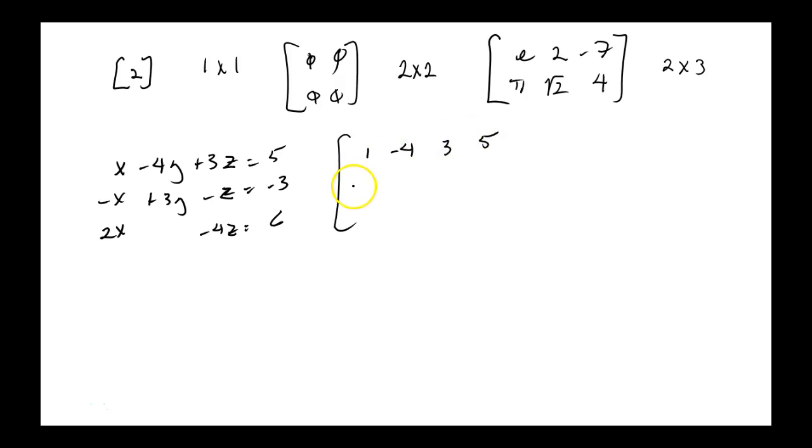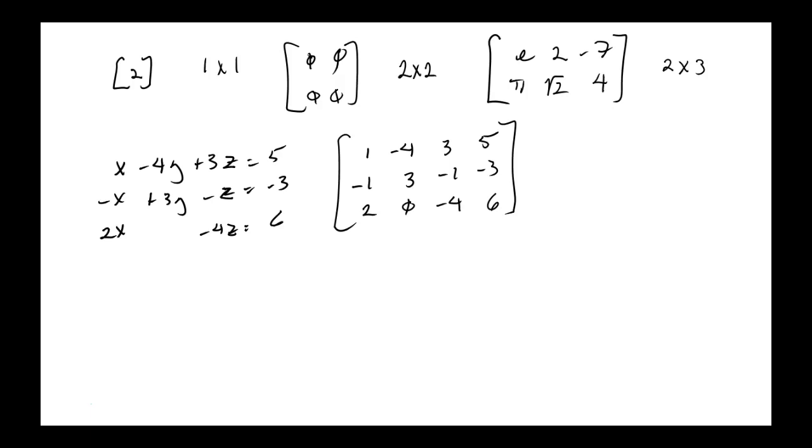Got it? Two what? 2, right? 0. Okay, that is the matrix that most closely aligns itself with that system of equations. But this is what we call an augmented matrix. It's actually made up of 2 matrices pieced together.